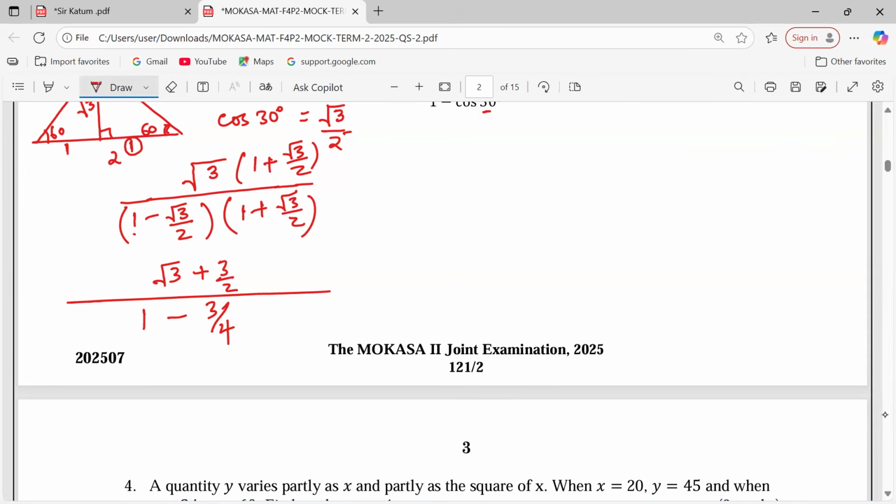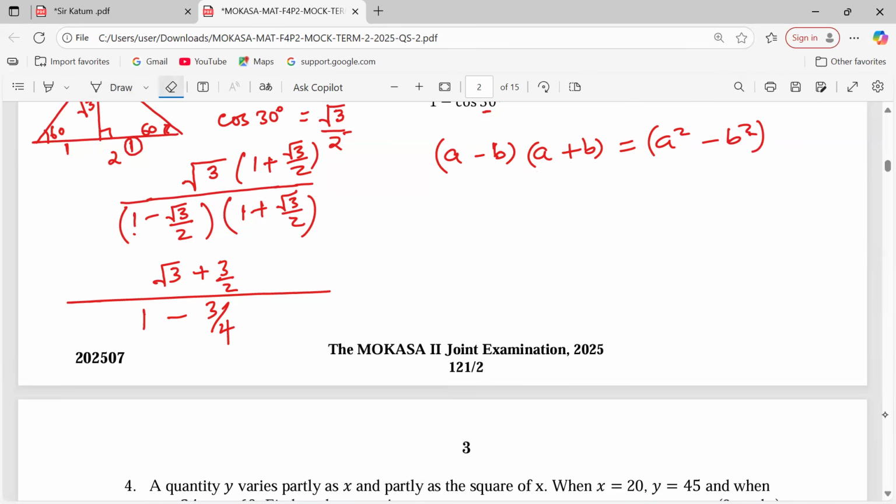When we have A plus B multiplied by A minus B, this simplifies to A squared minus B squared. So instead of expanding in the long method, we are applying this directly. We just pick 1, we square it, and we subtract root 3 over 2, also squared. So we've applied the identity about the difference of 2 squares.